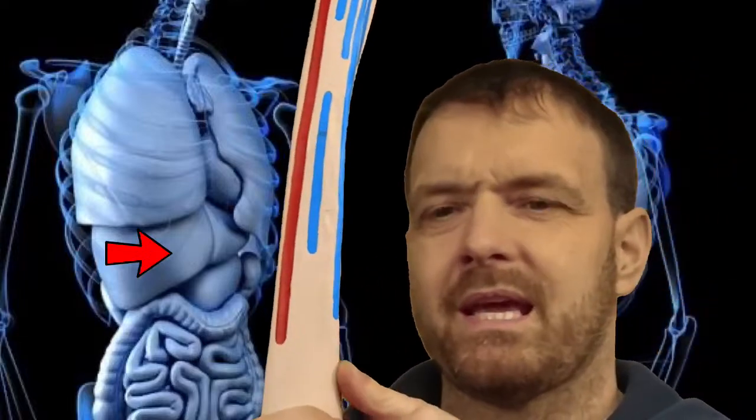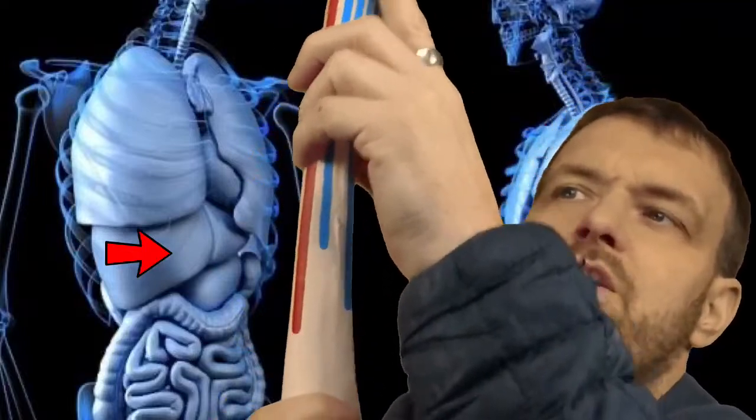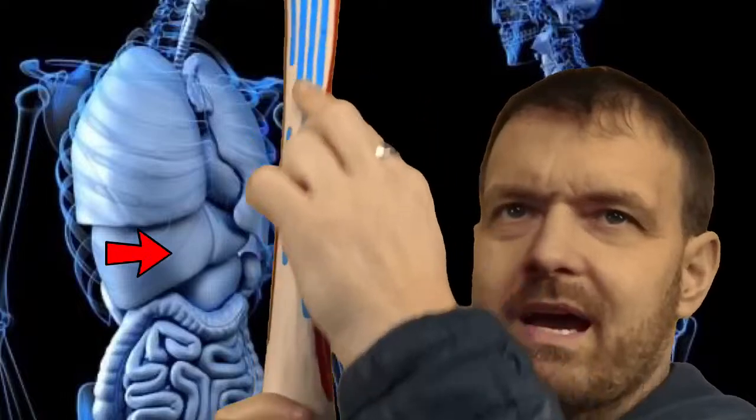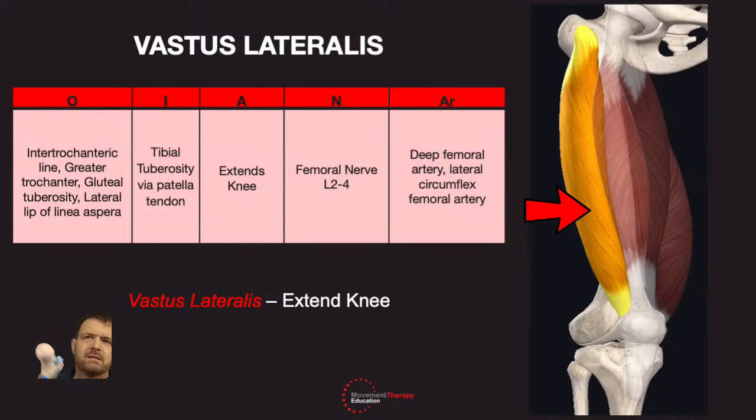I don't think you're going to be able to get the angle, but if you feel on the back of a model of a femur, you can feel this ridge along the back of it. That is where your vastus lateralis will attach. So there's a really, really long attachment point. Even though it's in the anterior compartment, it wraps around onto the back of the femur. So it's a huge, huge muscle.